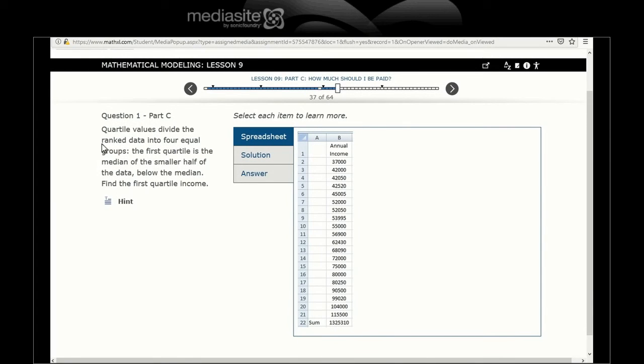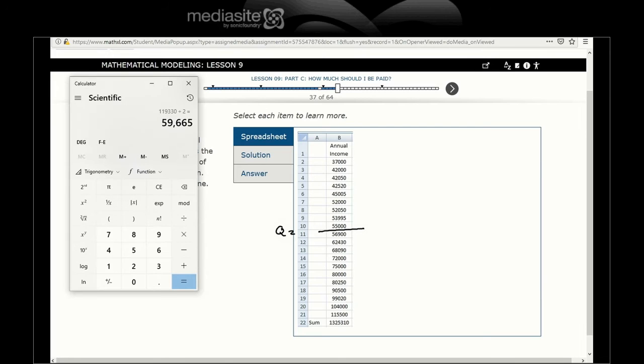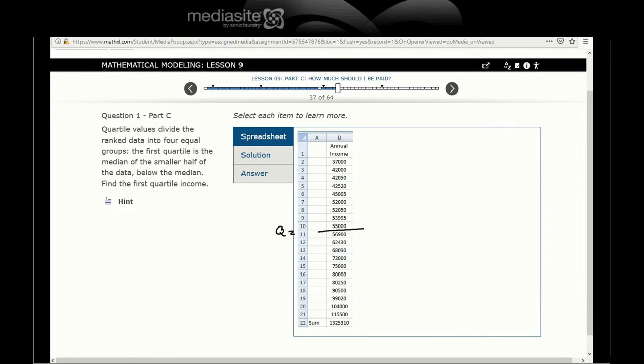Quartile values divide ranked data into 4 equal groups. The first quartile is the median of the smaller half of the data, below the median. Find the first quartile income. Well, here's the median, 59,665.